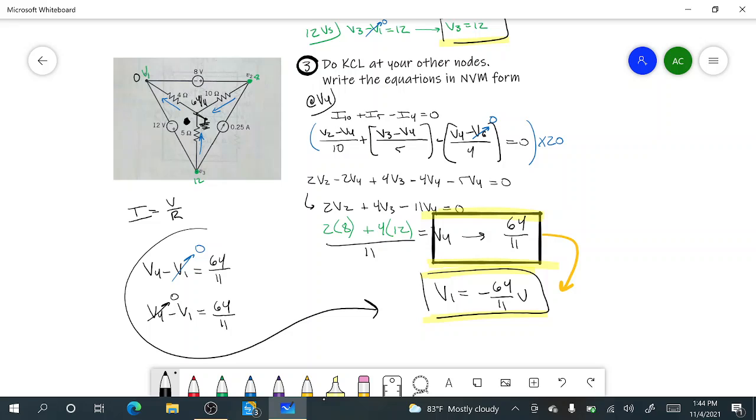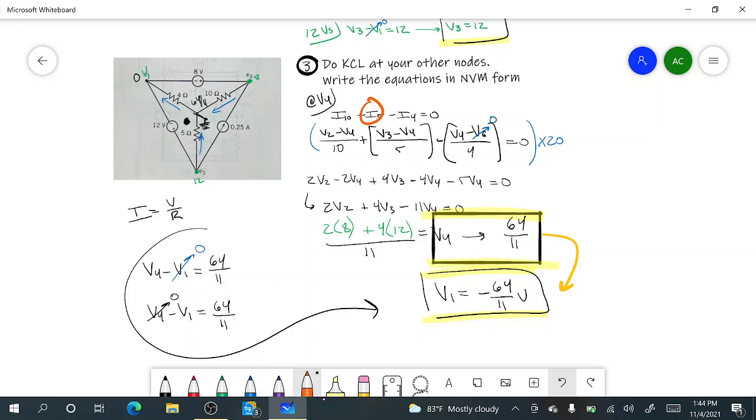Let's say I wanted to take it one step further, and maybe I wanted to solve for the current right there, the current I5. That's not a big deal. I5 is written like that.